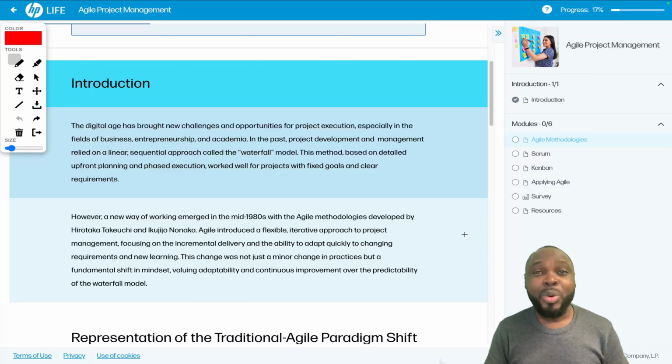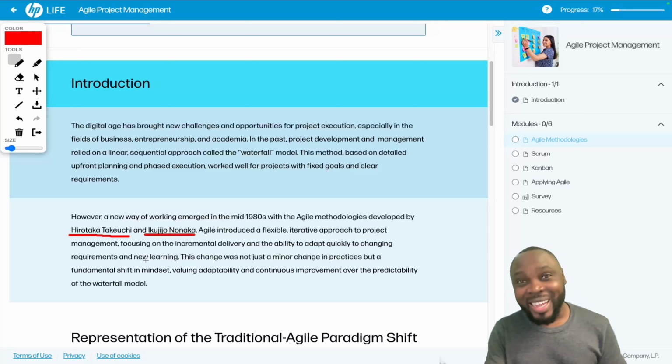And they came up with agile methodologies, introduced by Erotaka Tauchi and his friend Ikujuju Nanaka. Agile was introduced as a flexible, iterative approach to project management, focusing on incremental delivery and the ability to adapt quickly to changing requirements and new learning.